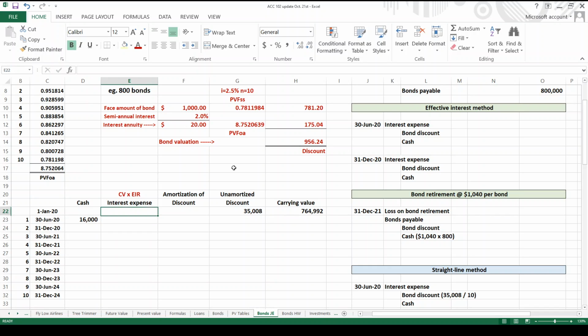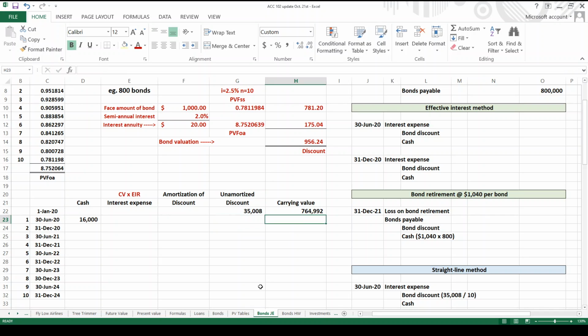Okay. This is the key to this little chart. Right here, the interest expense. You take the carrying value and you multiply times, I have used EIR for effective interest rate, which is the same thing as the market rate, which is the same thing as the yield. Okay, and what is that in this problem? That's 2.5%.